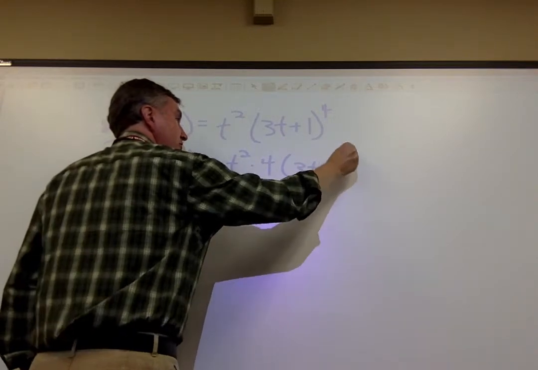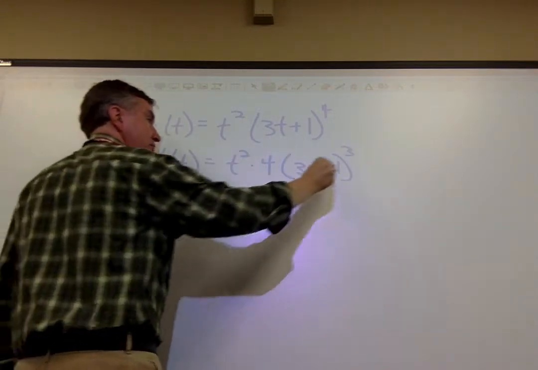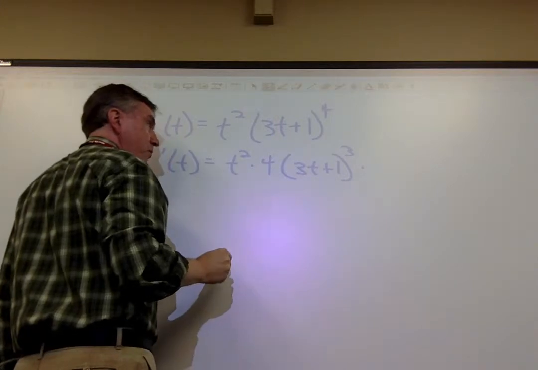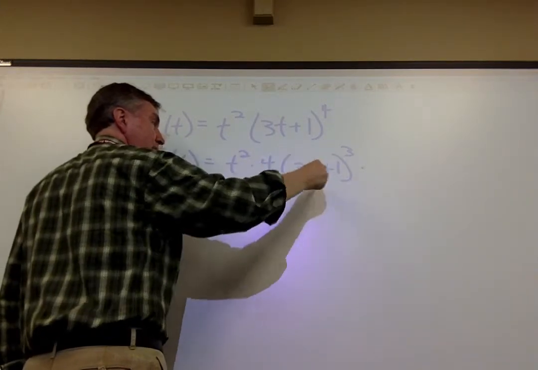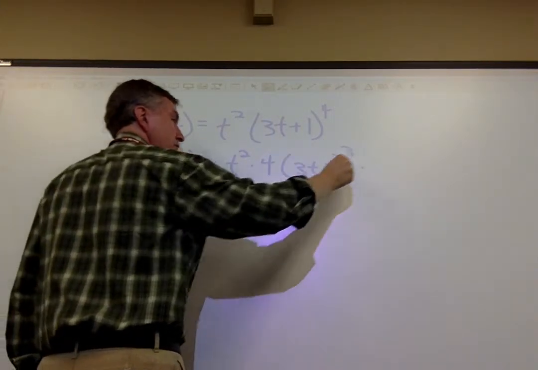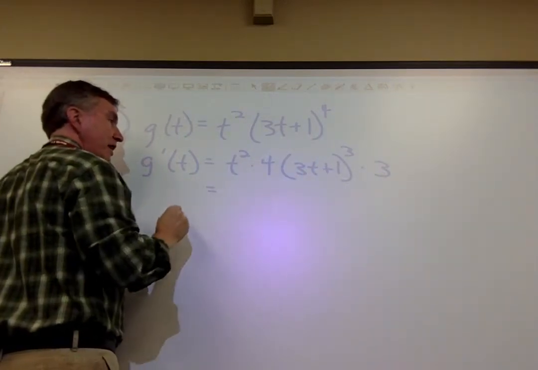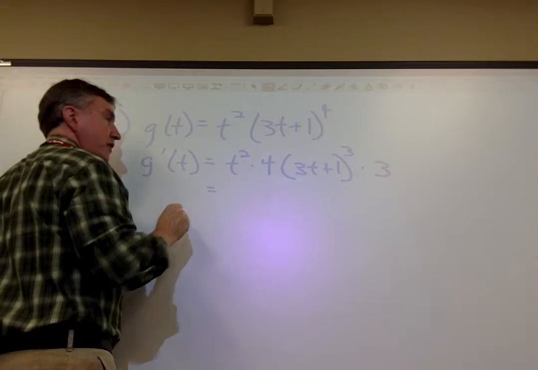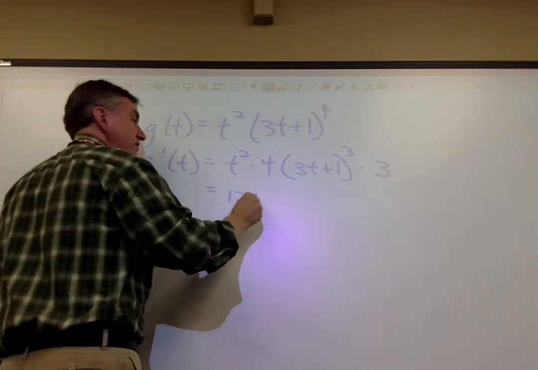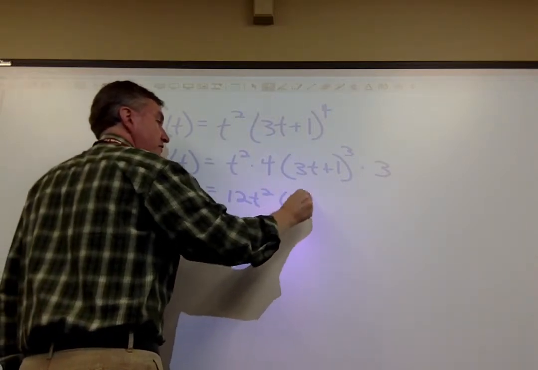4 times the inner to the third times what? Derivative of inside. So if I recalibrate that, that's going to be 12t squared. Does that look right to you?